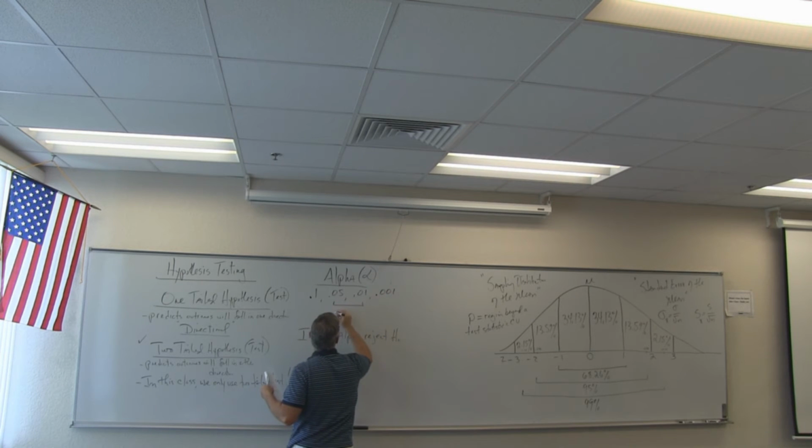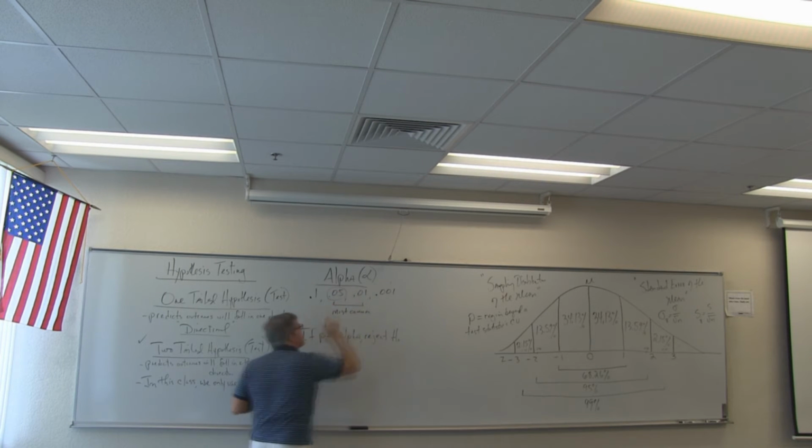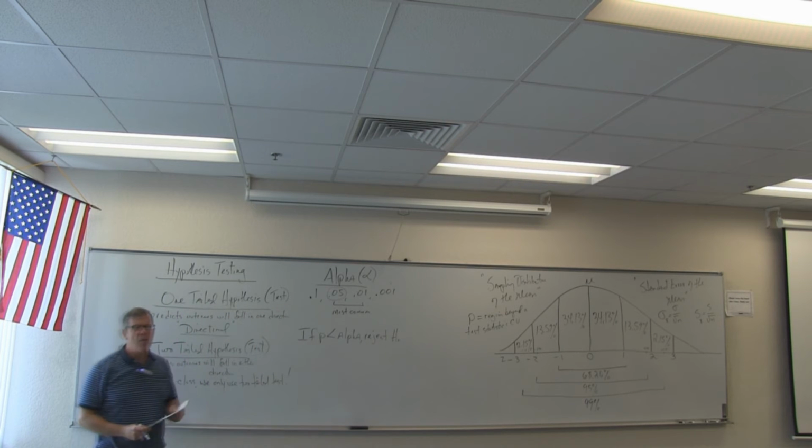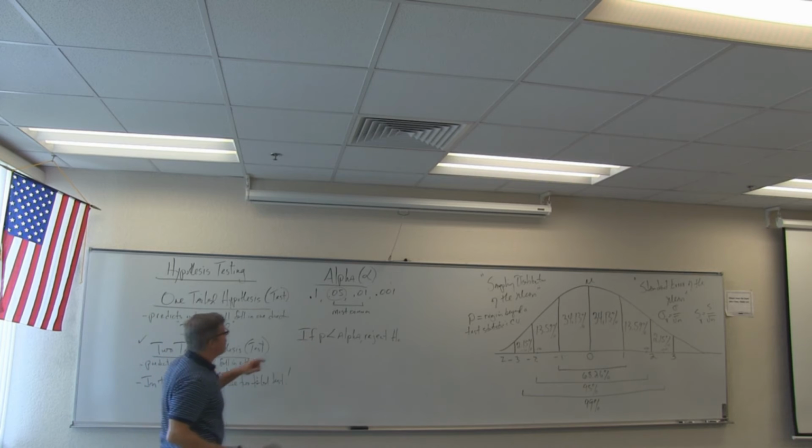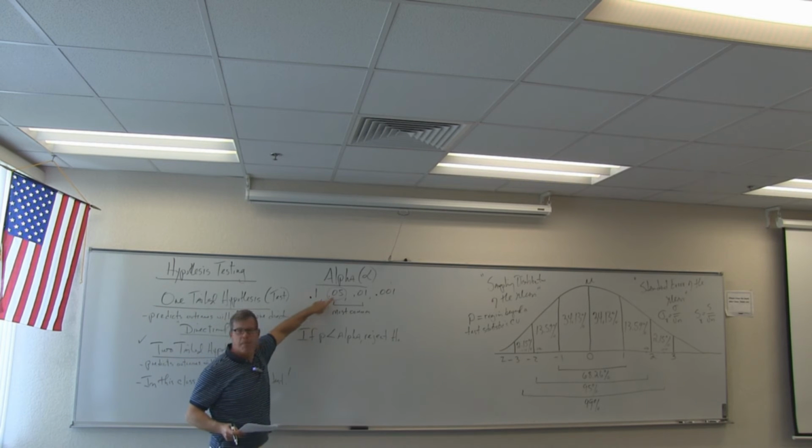0.05 and 0.01 are the most common. 0.05 is pretty much the standard. Alpha 0.05, alpha 5%. The book calls this significance level. So alpha and significance level are synonymous. The 5% significance level.